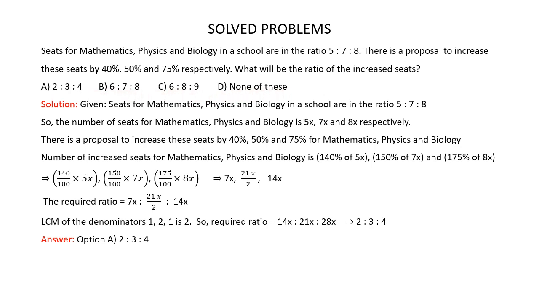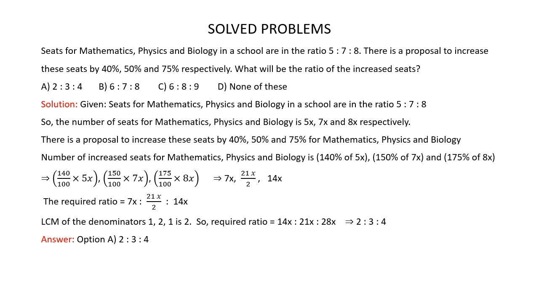Now it's given that the seats for mathematics, physics and biology in the school are in the ratio 5 is to 7 is to 8. So the number of seats for mathematics, physics and biology is 5x, 7x and 8x respectively. It's also given that there's a proposal to increase these seats by 40%, 50% and 75% for mathematics, physics and biology respectively.